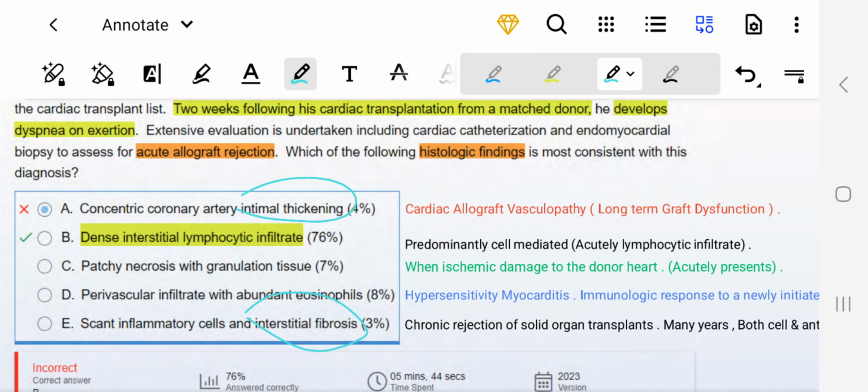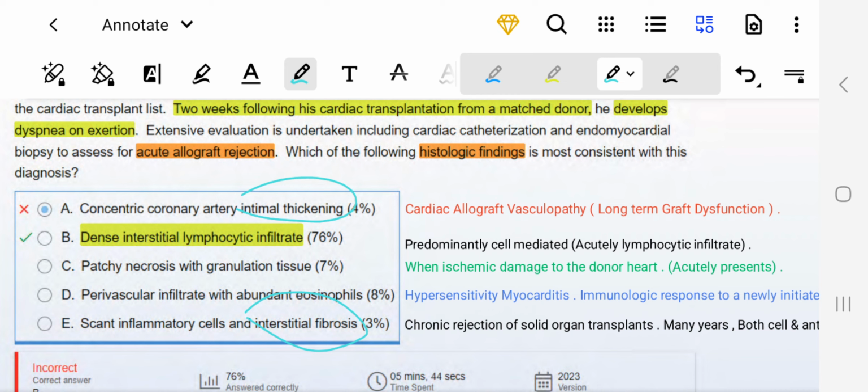So option A is not correct because it is associated with chronic rejection, but this case presented 2 weeks after transplantation, so this is not chronic. The concentric coronary artery intimal thickening is associated with cardiac allograft vasculopathy, causing long-term graft dysfunction.